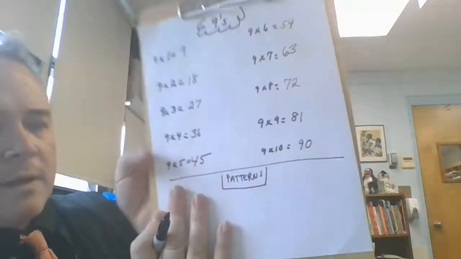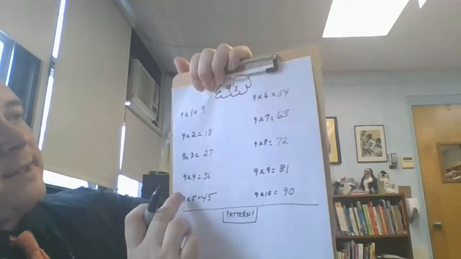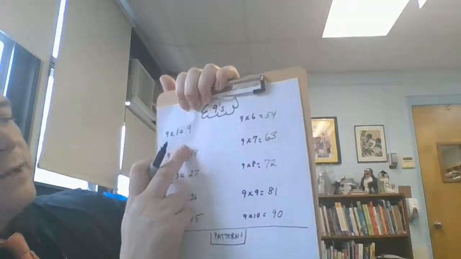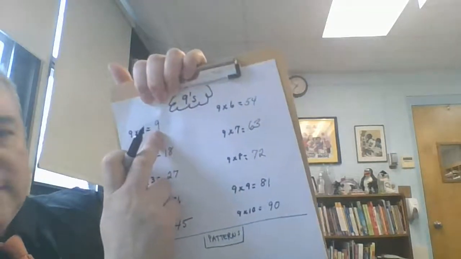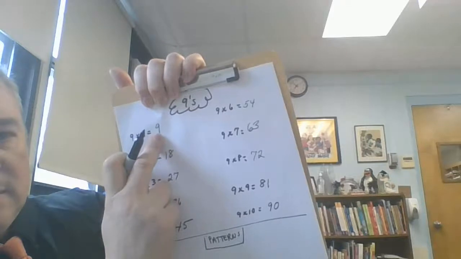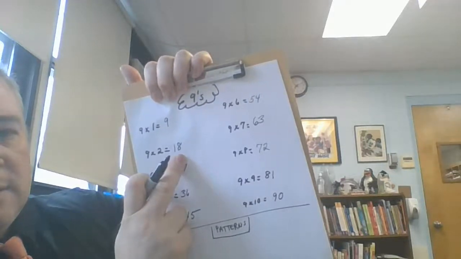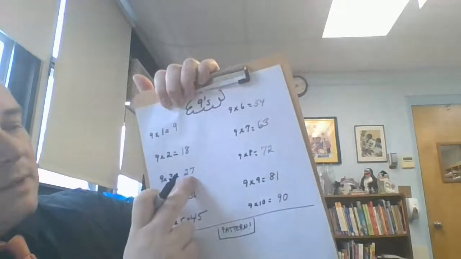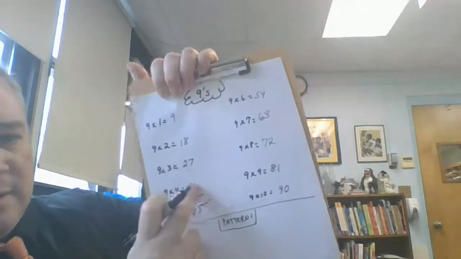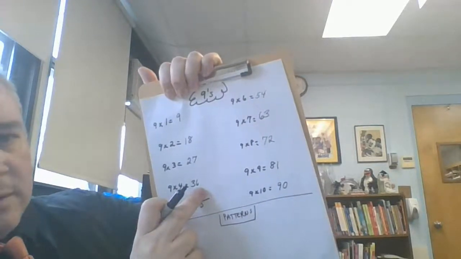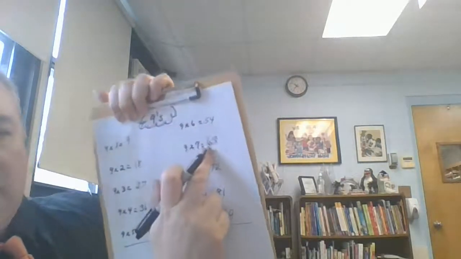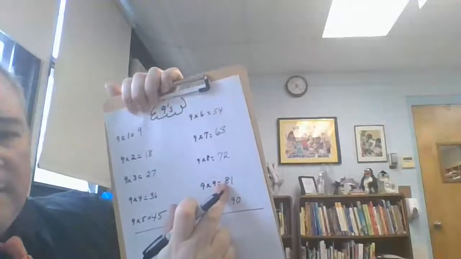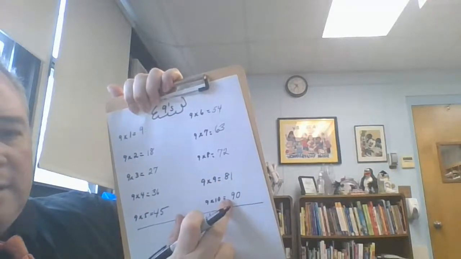Okay, so let's think. I noticed that the answers have a certain pattern to them because this one, 9, is odd, 18 is even, 27 is odd, 36 is even. Do you see how it goes odd, even, odd, even, odd, even?